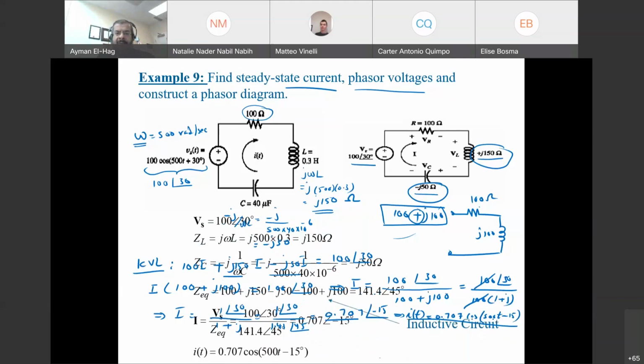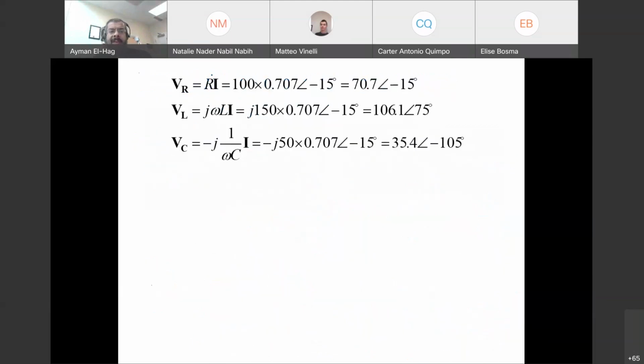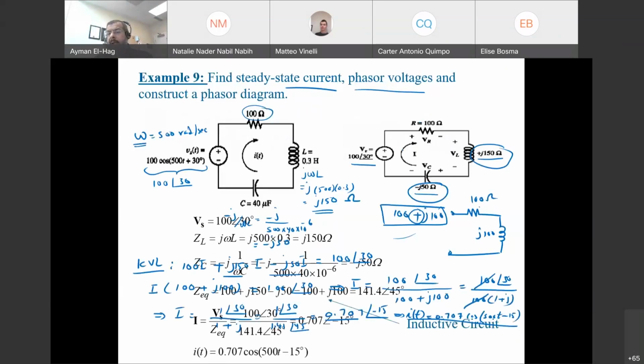Now let's continue. Here it's very straightforward. Your VR, which is the voltage across here. Now VR, VL, and VC are nothing but the current I times the impedance, Ohm's law. So VR is nothing but the 100 ohm times I. VL is nothing but the J150 times I. VC is nothing but the I times the minus J50.